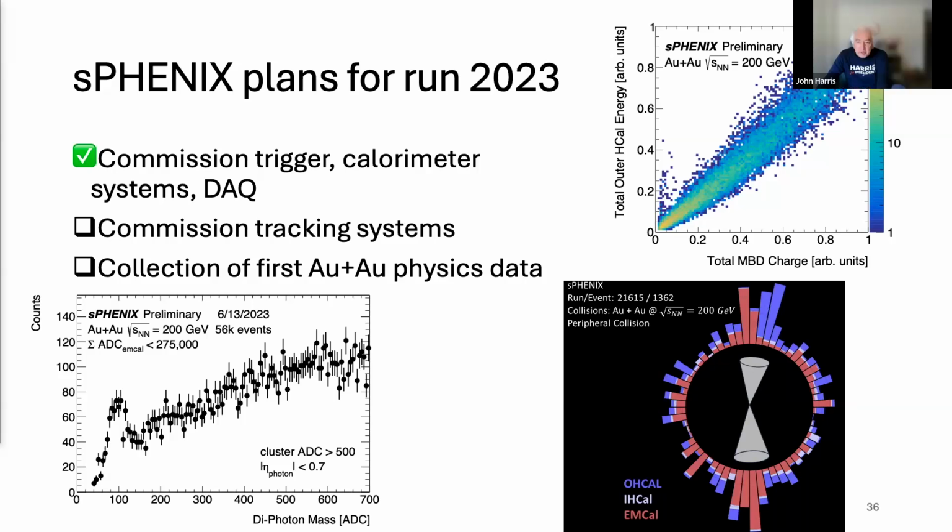Maybe I have one more question, Isaac. Virginia, in the run that just finished, with streaming readout, does sPHENIX feel it was sufficient running to get open heavy flavor data?